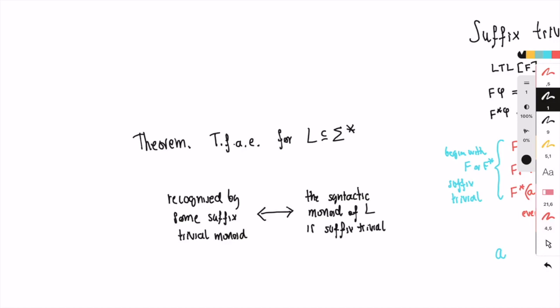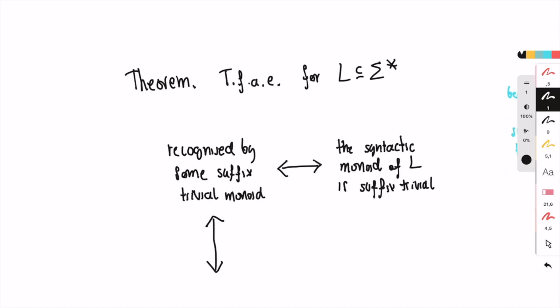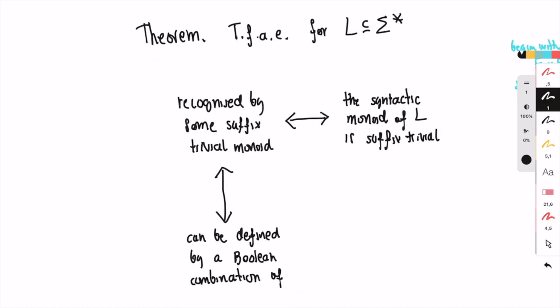Now is the main thing. It's the connection with logic. So, can be defined by a Boolean combination of formulas of the form sometime in the future phi, where this uses only LTL with the finally operator.